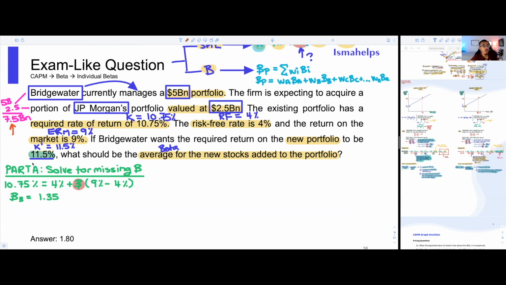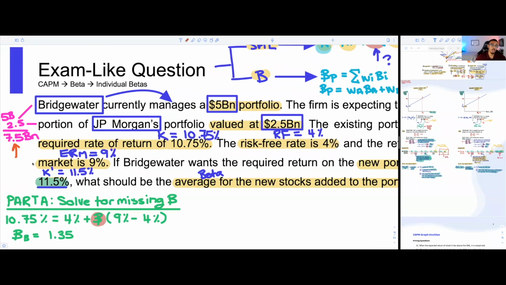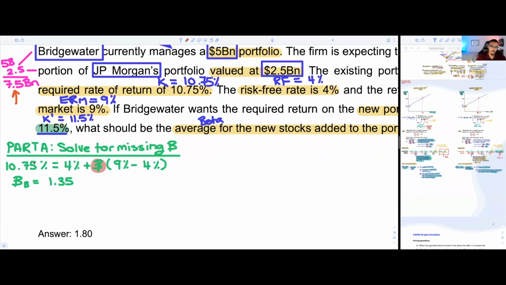And because of that, they told you in the question that we require more returns for that given level of risk. But we don't know what that beta is just yet. So we need to plug that stuff in and solve for the new beta under the new portfolio.